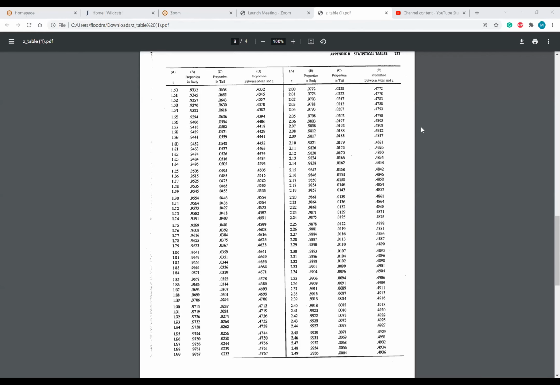All right, you should see the unit normal table now. Sorry about that, had some technical issues.